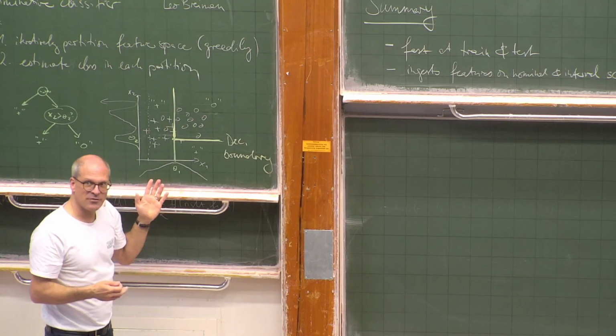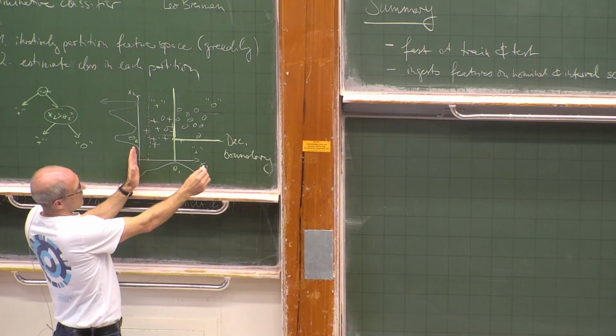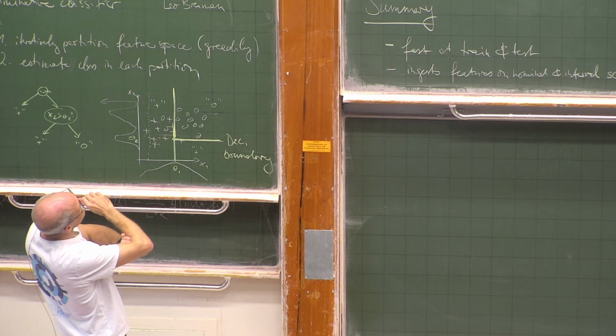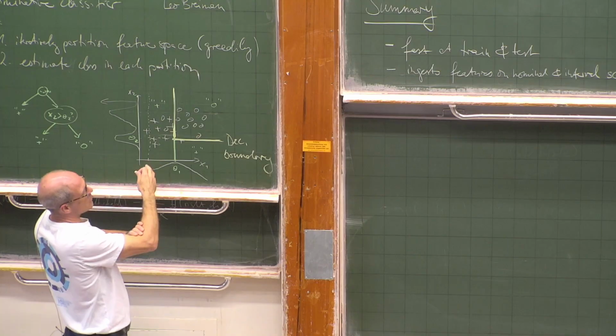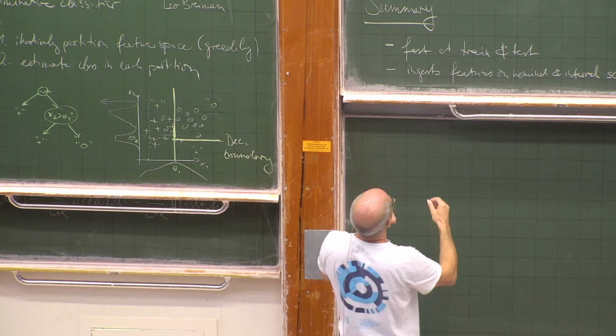Because the other methods that we've discussed, quadratic discriminant analysis and so on, if I use more general monotonous transformations, that would result in different decision boundaries.